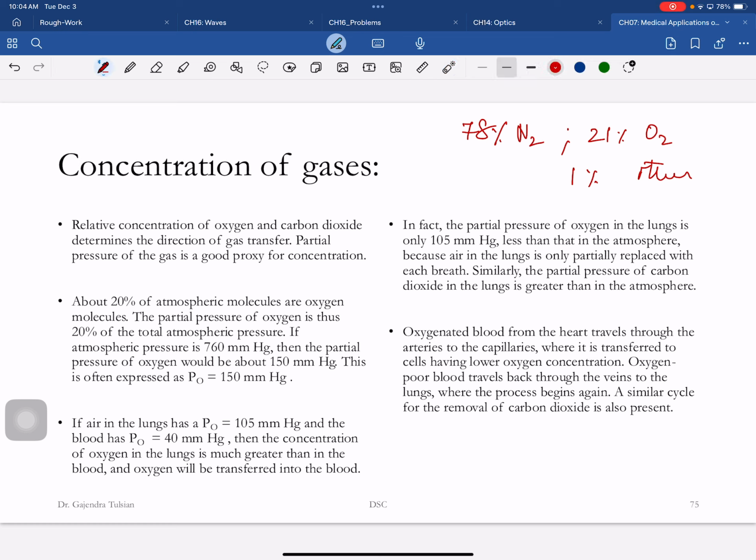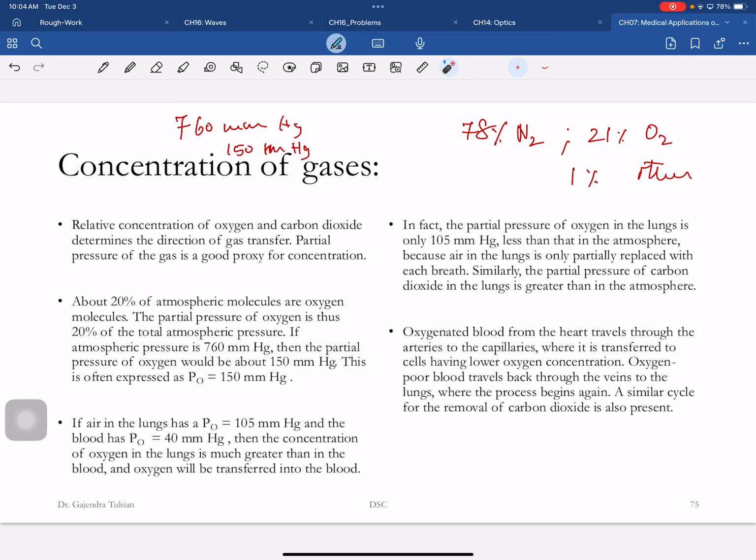The atmospheric pressure is 760 millimeters of mercury. 20% of that is 150, since 10% is 75. So in the air you breathe in, the partial pressure of oxygen is 150 millimeters of mercury.